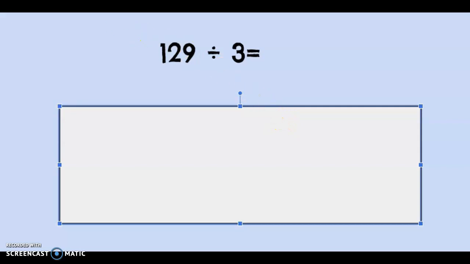So I'm going to make a line here, because one of the things that I know is that 33 goes into 99.